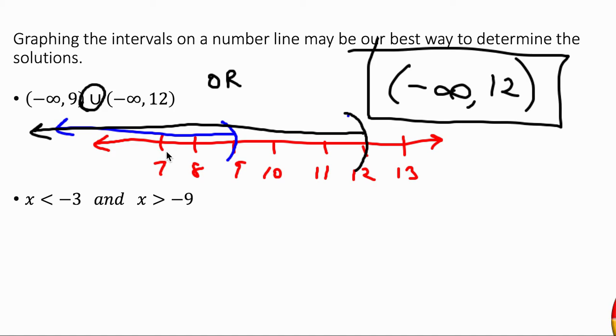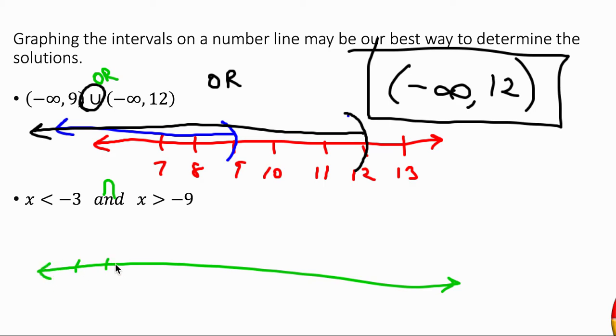Intersection. Okay, now this one has asked us for an "and." And that's intersection. I've got to be able to know both terms. And we've got negative 3 and negative 9. So let's make some points on here and see where they are. So negative 3, negative 2, negative 1, 0, 1, 2, 3, 4, 5, 6, 7, 8.